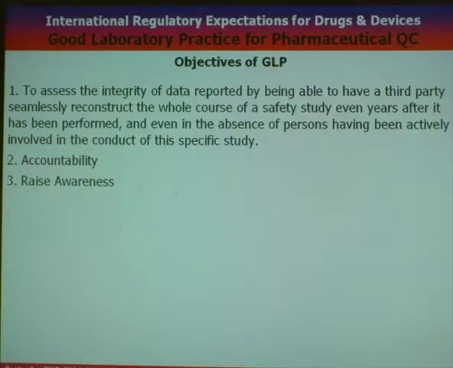Now in GMP, the core values that the regulators seek to safeguard and promote are safety, efficacy, quality. Now in GLP, what is it that they are trying to safeguard? Let us see. The objectives of GLP: to assess the integrity of data reported by being able to have a third party seamlessly reconstruct the whole course of a study, even years after it has been performed, and even in the absence of persons having been actively involved in the conduct of this specific study.